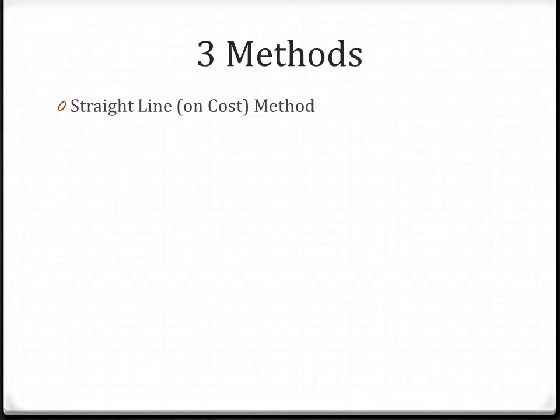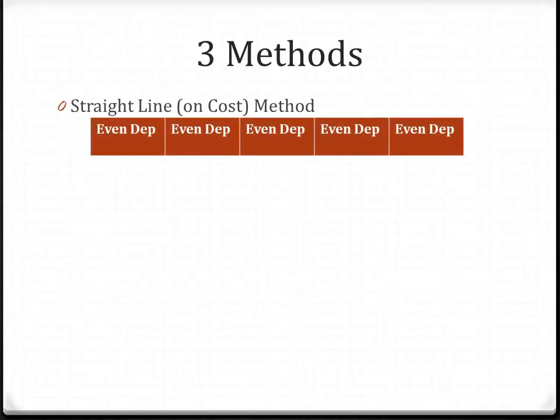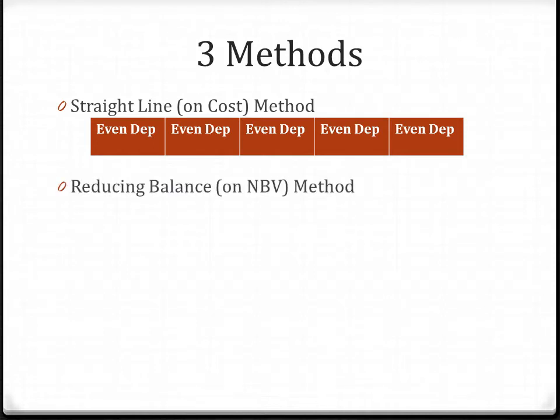I would now like to bring you through the 3 methods of depreciation. First is the straight line method. Sometimes they will say it's depreciation on cost. As you would know by now, this requires an even distribution of cost over its useful life, so even depreciation throughout. You can see it from the model given. The reducing balance method is sometimes known as depreciation based on net book value.